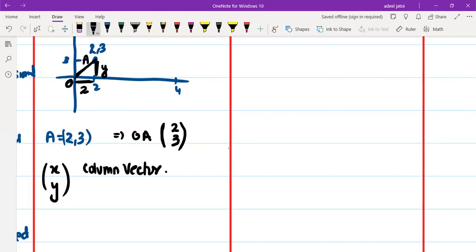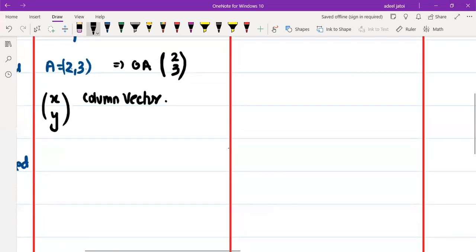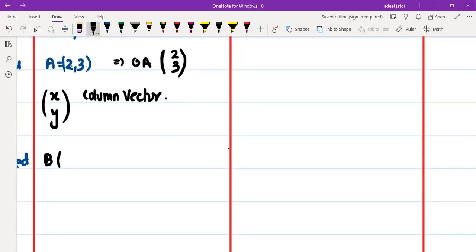That means your coordinate of A is 2, 3, but change in X and change in Y from the origin will become 2, 3 in vertical form.